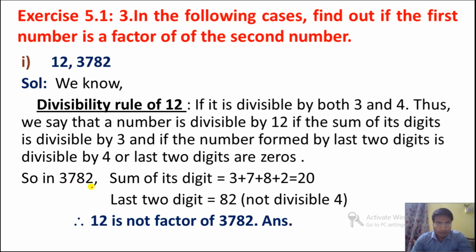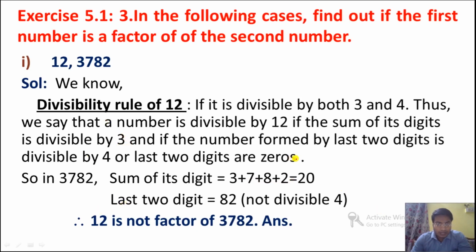So in 3782, you can see the sum of its digits is 3 plus 7 plus 8 plus 2, which is equal to 20, and 20 is not divisible by 3. So the first condition is not satisfied.